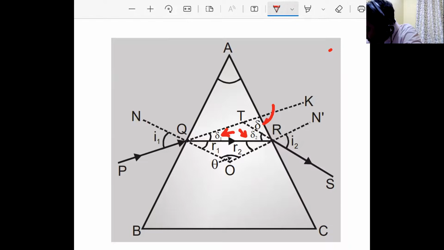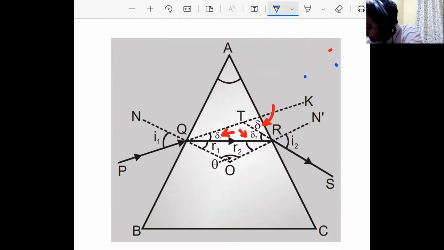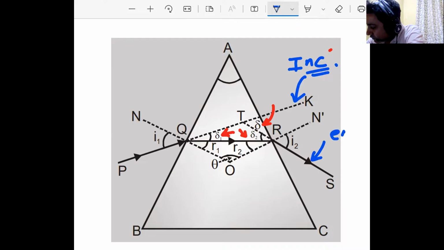Then I have delta. Now what is this delta? If you look very closely with a different pen, this is the incident ray, yes or no? Yes, sir. And this one is the emergent ray, yes or no? Yes, sir. So this delta is the angle between incident ray and emergent ray.